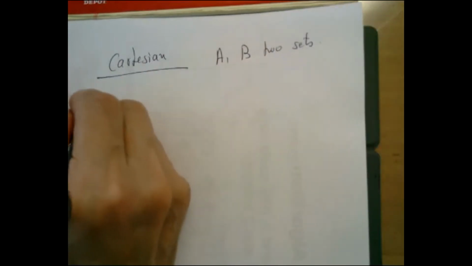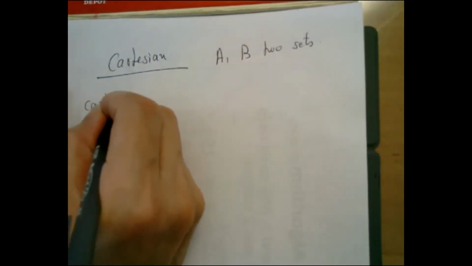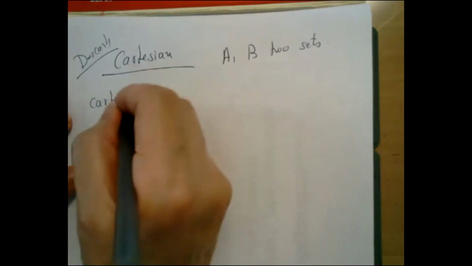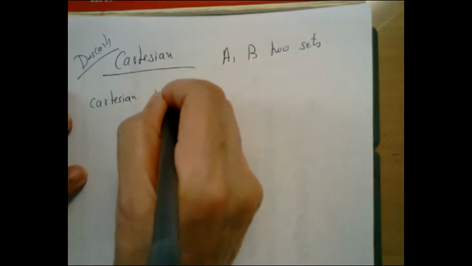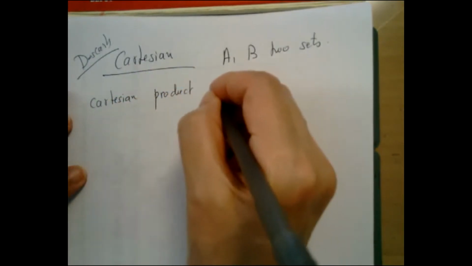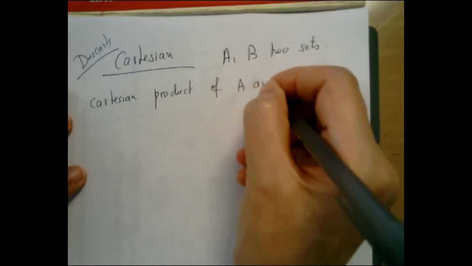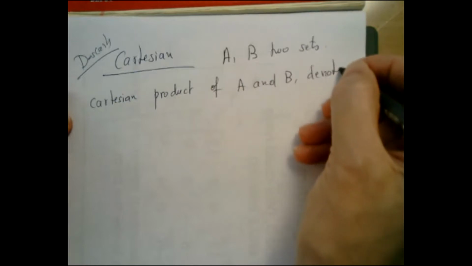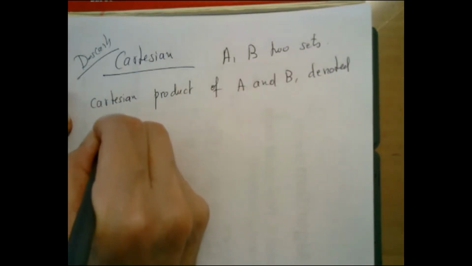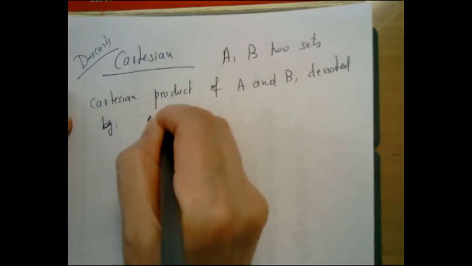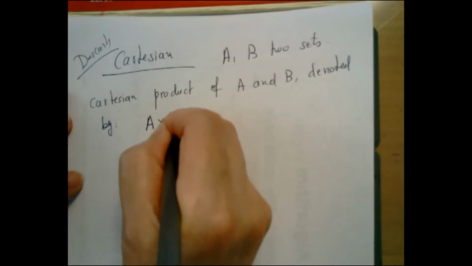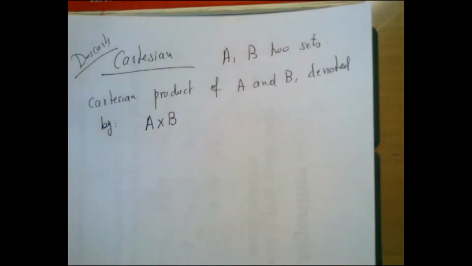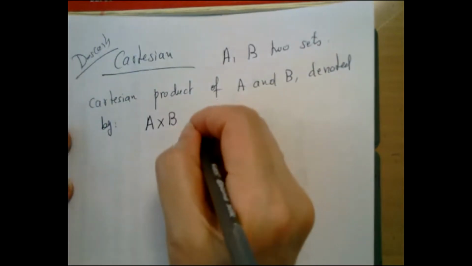Then the Cartesian product, which comes from the name of the mathematician and philosopher Descartes, of A and B, that we denote by A cross B, is defined as follows.